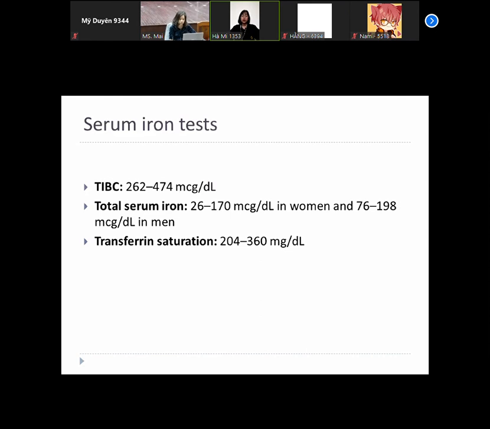A doctor orders a serum iron test if there is an abnormal result in the CBC test that I told you about before, showing a decreased hemoglobin or hematocrit level.